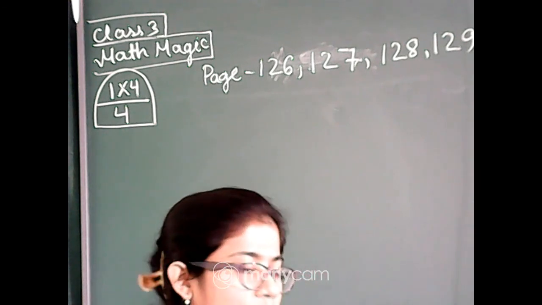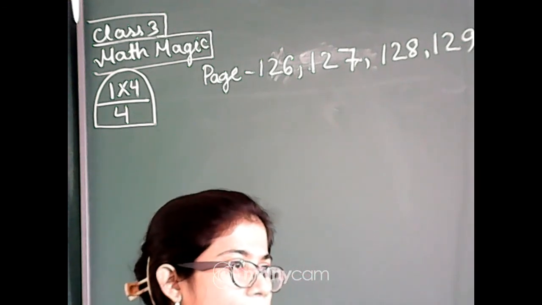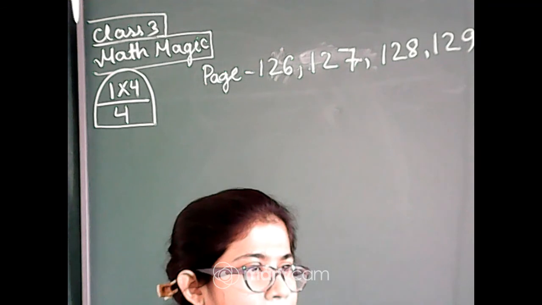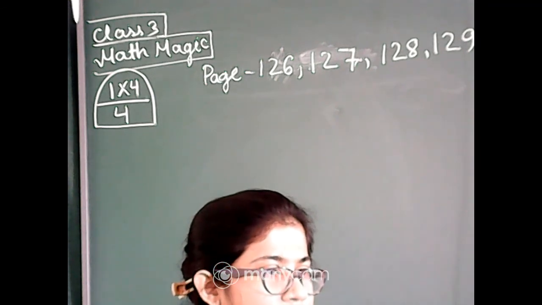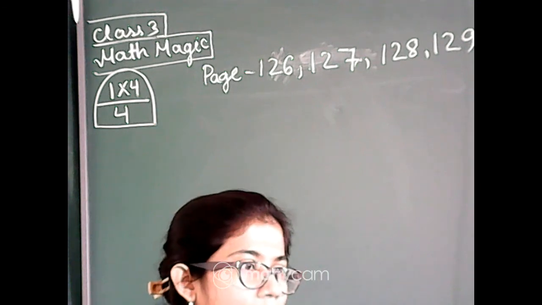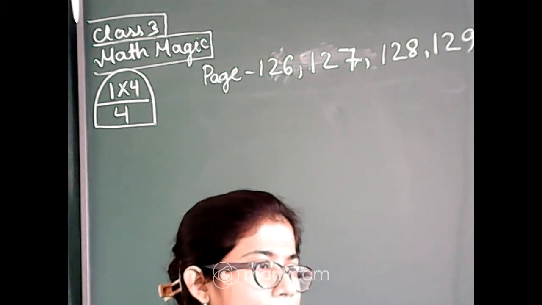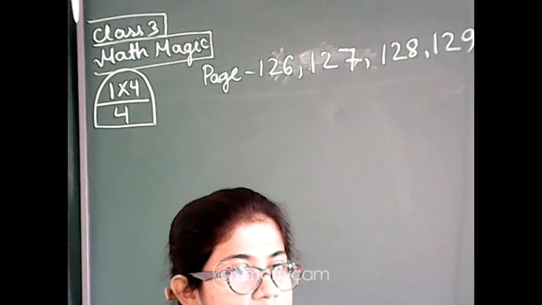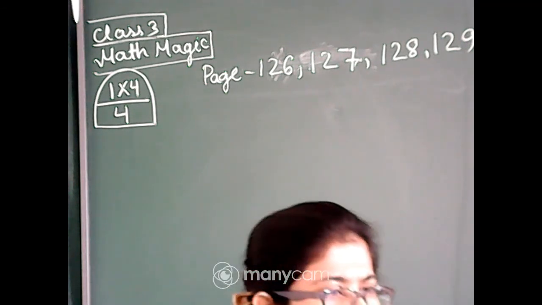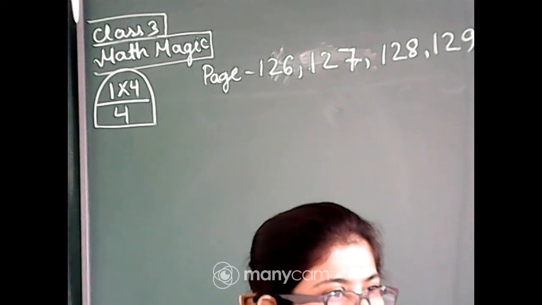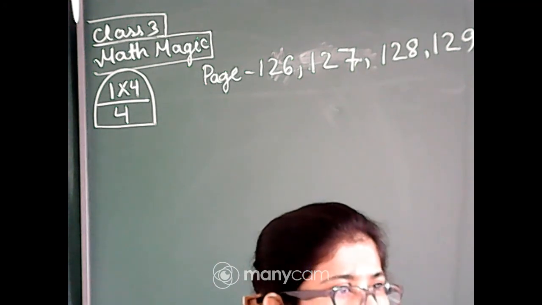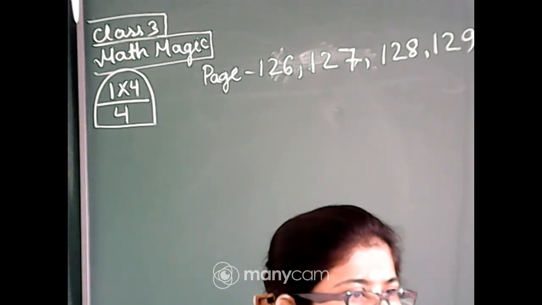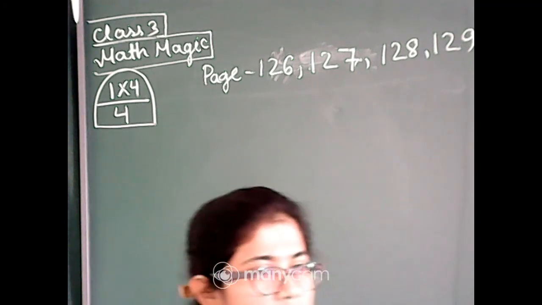Anusri Das. Okay, Anusri, your page number 127 is all right. Aniruddha Goswami. Okay, Aniruddha, page number 128 is all right.